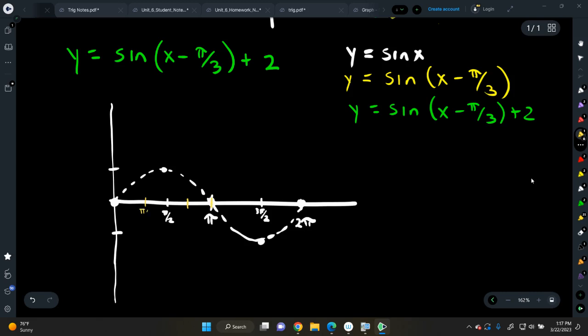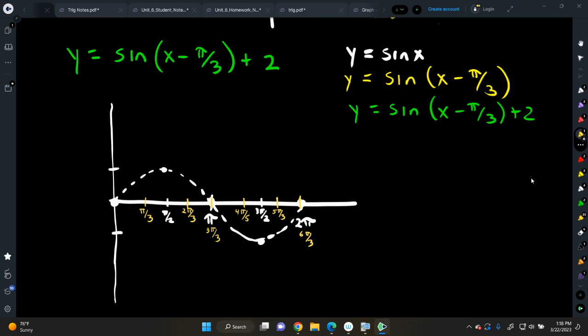Then 4 pi over 3, 5 pi over 3, 6 pi over 3. I didn't worry about the pi over 3 when I was graphing the basic function. I just left that as pi over 2. I don't really care because it's just a sketch, right?